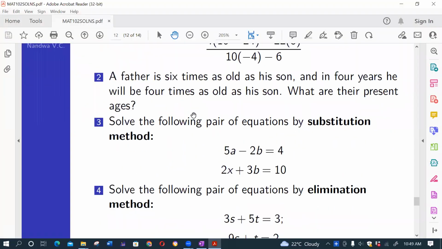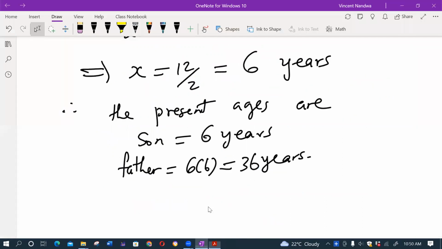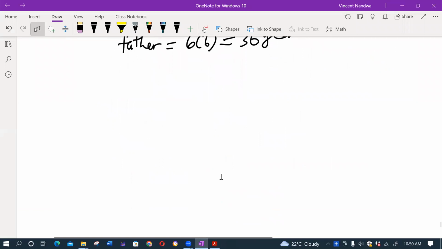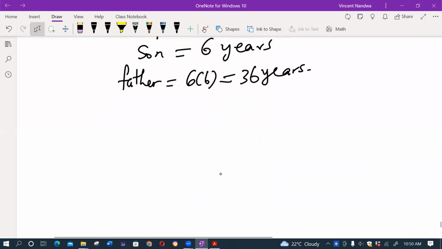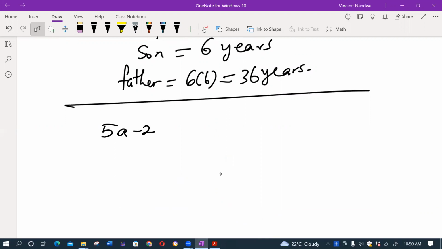Then solve the pair of simultaneous equations by substitution method. So we have 5a minus 2b equals 4, 2a plus 3b equals 10.